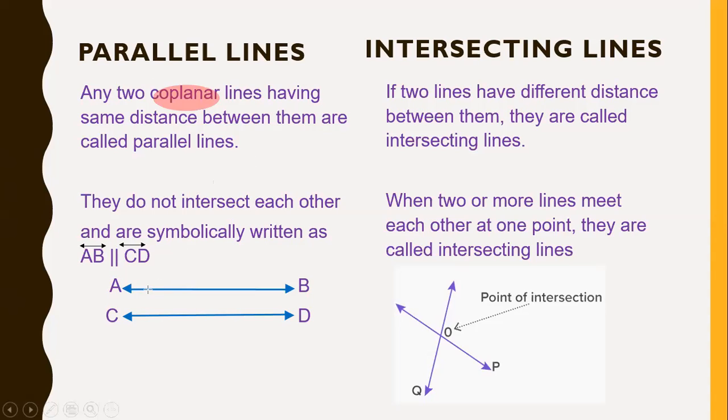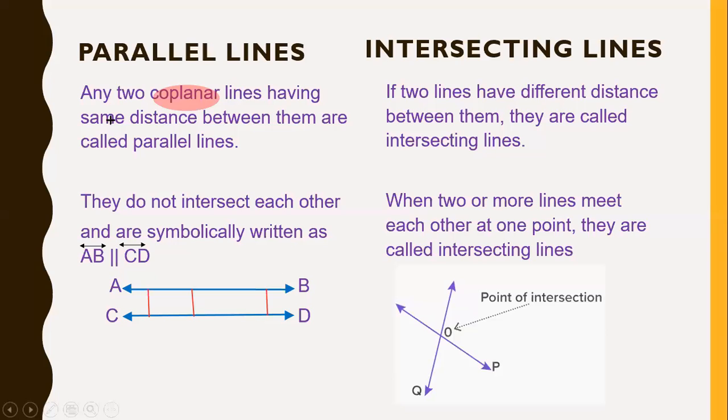Just look at the diagram carefully. If I take these 2 points, the distance will be the same. If I take these 2 points, the distance remains the same. Okay, for example, if it is 2 centimeter, this distance will also be 2 centimeter. This distance will also be 2 centimeter.